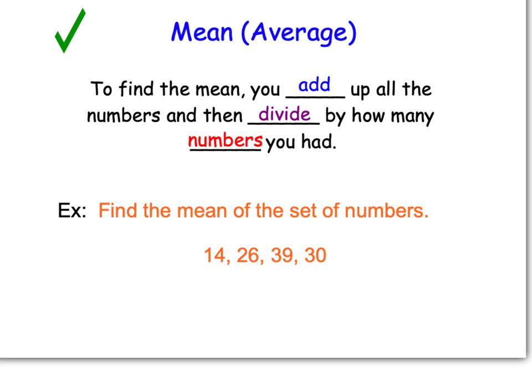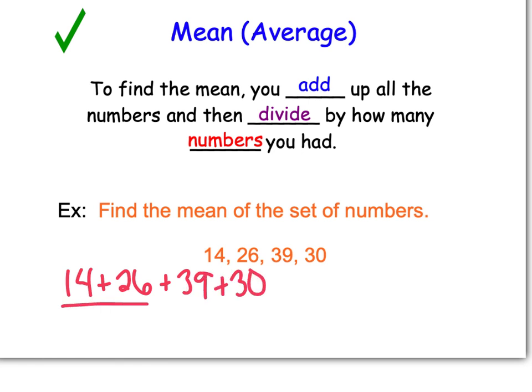In this example, we're asked to find the mean of the set of numbers. So all you would do is add them all up. And then once you've done that, you're going to divide by the number of numbers, which is just 4. So go ahead and do that on your calculator.